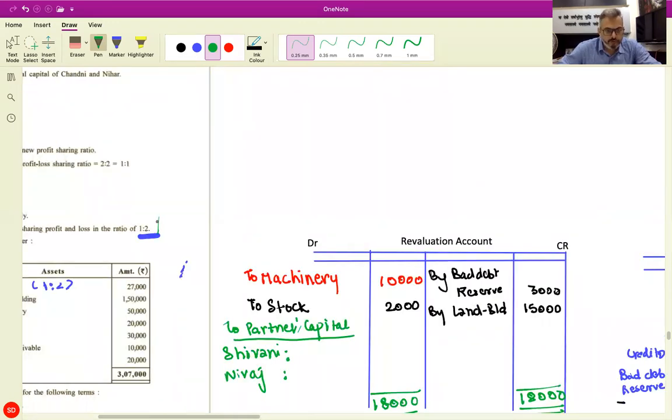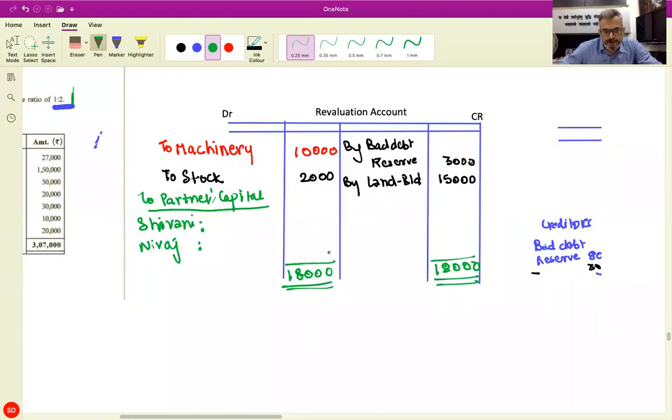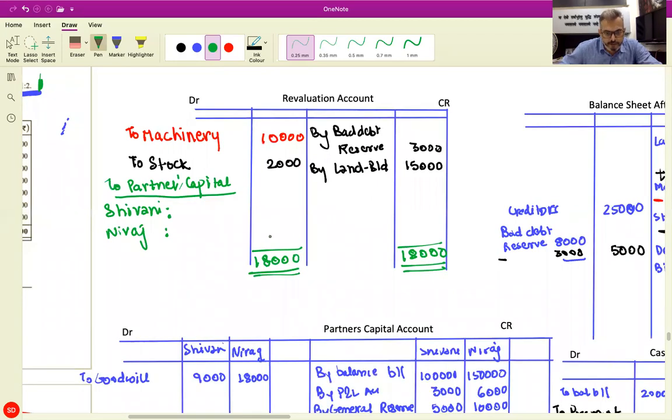So what's the profit? 18 minus 12 is 6,000. So Shivani gets 2,000 and Neeraj gets 4,000.